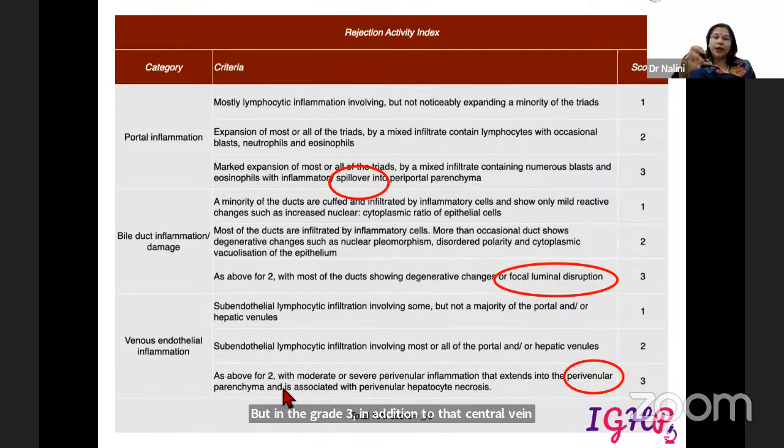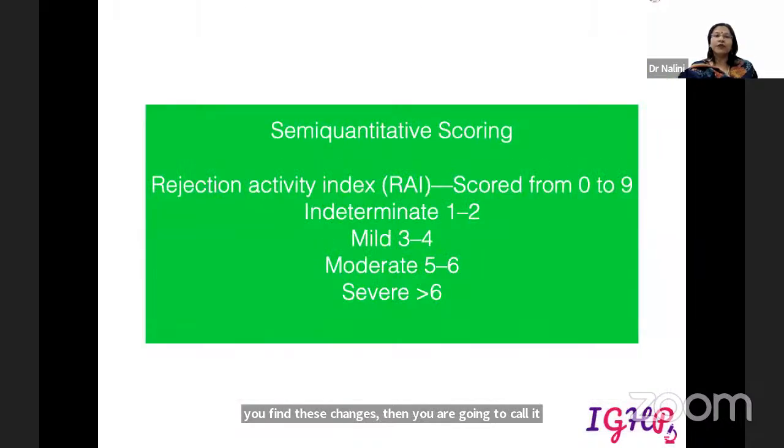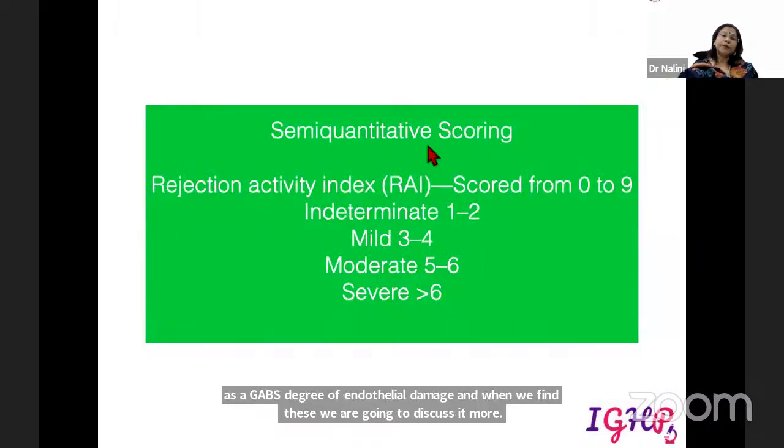The hepatocellular damage would start occurring, and that too in a zonal fashion. So you are going to see a loss of hepatic parenchyma surrounding the central vein. When you find these changes, you are going to call it the gravest degree of endothelial damage. And when we find these, as we are going to discuss more, we sometimes straight away call it a LAR.